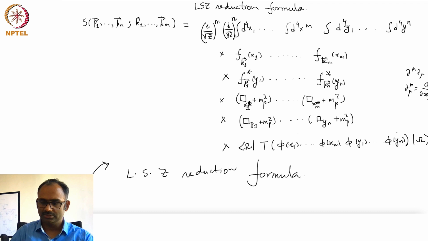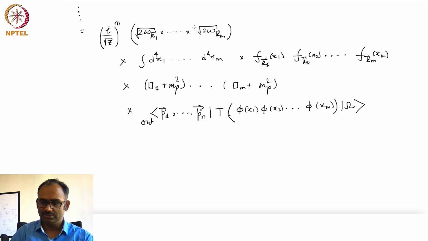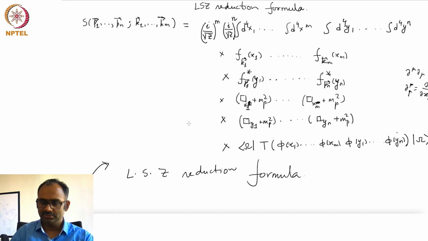And we have missed these factors of square root of 2 omega k1 for x1 and similarly for other variables. So, I should multiply this somewhere.